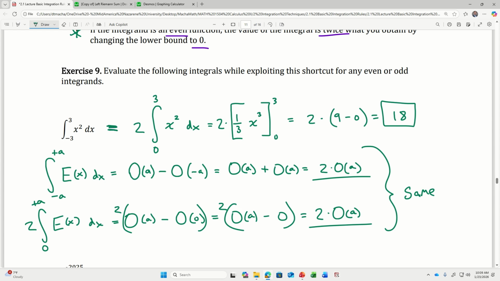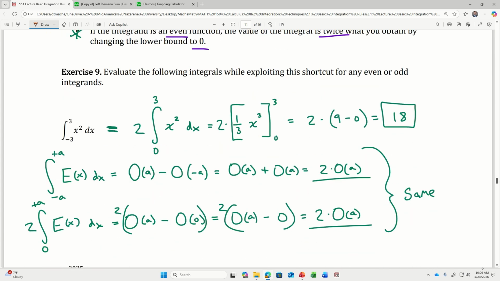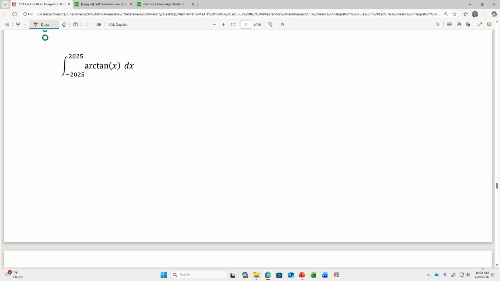Okay. The next rule, or the first bullet point here, is even more helpful, because you don't have to do any work at all. You just know that if your integrand is an odd function and your lower bound and upper bound are equal but opposite, then the value of the integral is going to be 0. So here's an example. I see arctangent. I know tangent's an odd function because tangent is sine divided by cosine, right?